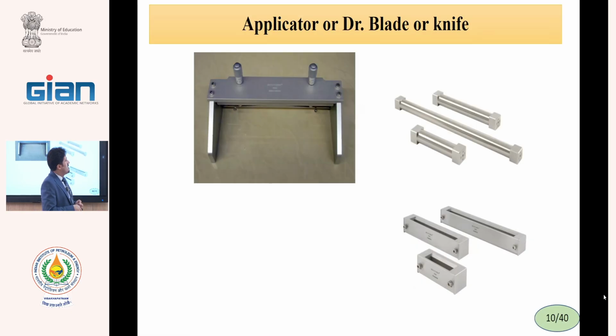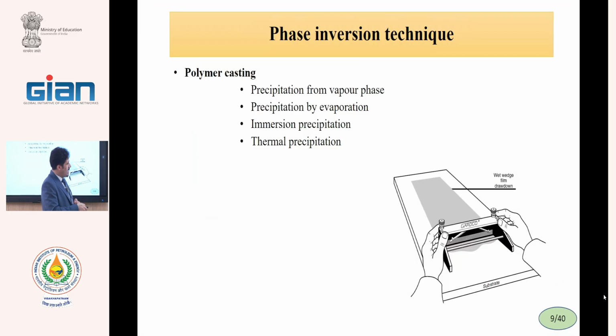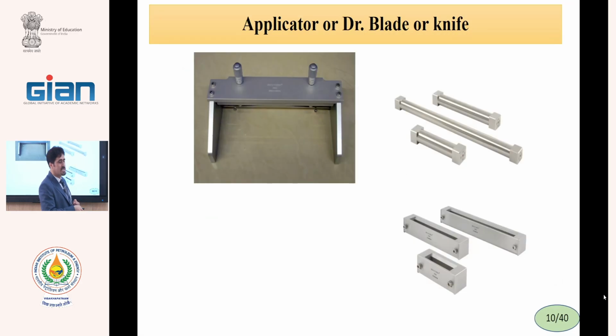In lab scale, for production of the thin film layer, we usually use this device. You see it has different configurations, structures. And we say applicator, doctor blade, or knife. In the papers, you see they say that I cast.